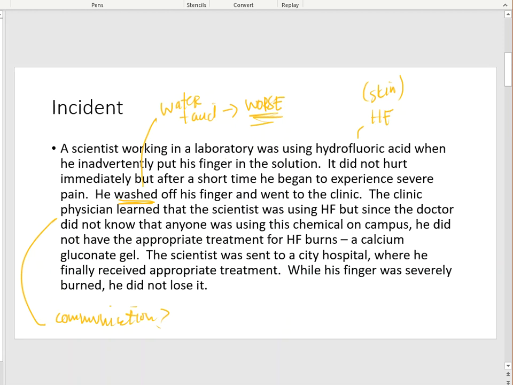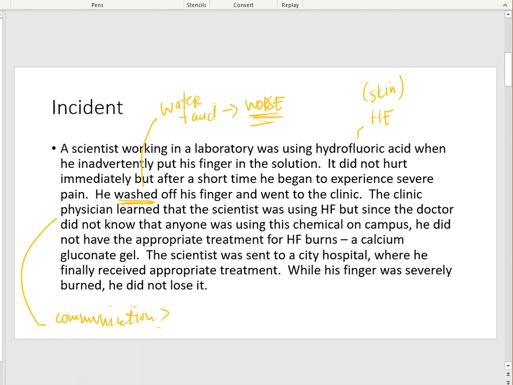They go to the doctor, they go to the clinic that was on campus, and they said, well, we have nothing to cure this. We have nothing to treat it. And the reason that we don't is because no one told us that you were using HF in a lab.